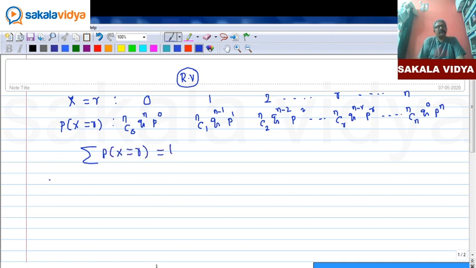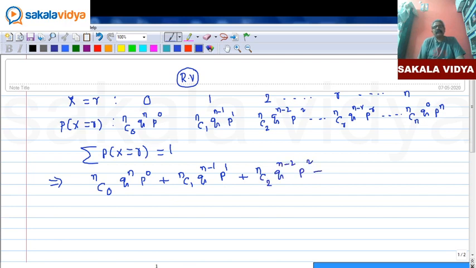So we can write nC0 q to the power of n p power 0 plus nC1 q to the power of n minus 1 p power 1 plus nC2 q to the power of n minus 2 p square plus and so on, nCn q to the power of 0 p to the power of n equals 1. These are nothing but the terms of the binomial expansion.